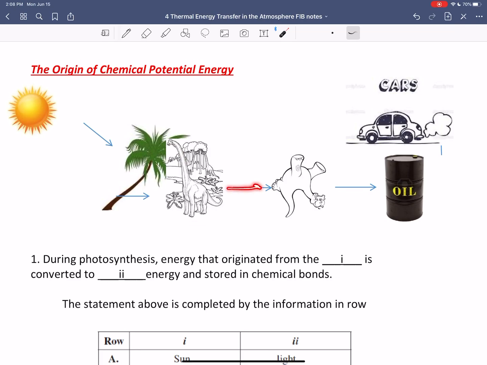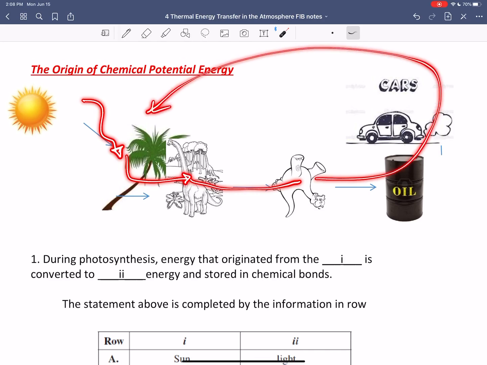Those animals die and decompose, and they form fossil fuels, whether it is coal, natural gas or oil. That oil can be used to run things like cars, producing carbon dioxide that goes up in the atmosphere. That carbon dioxide is taken up by the plants, returned into the cycle, and it repeats itself.